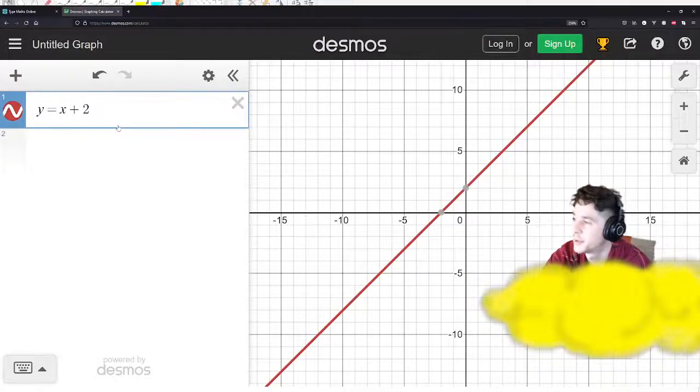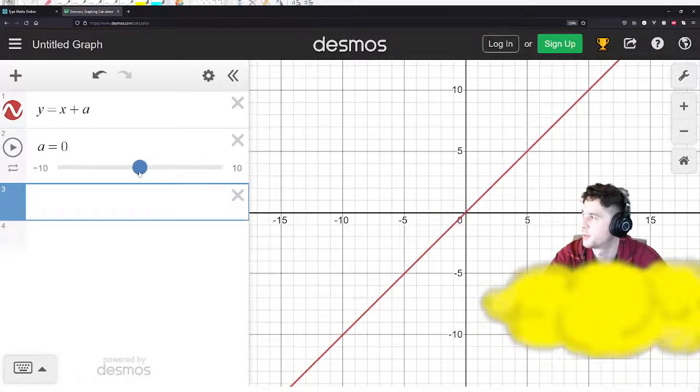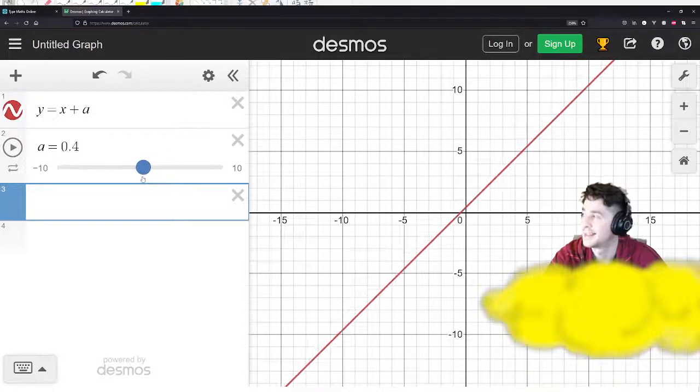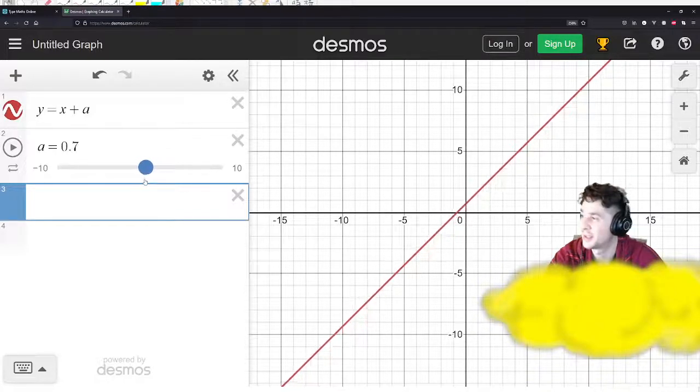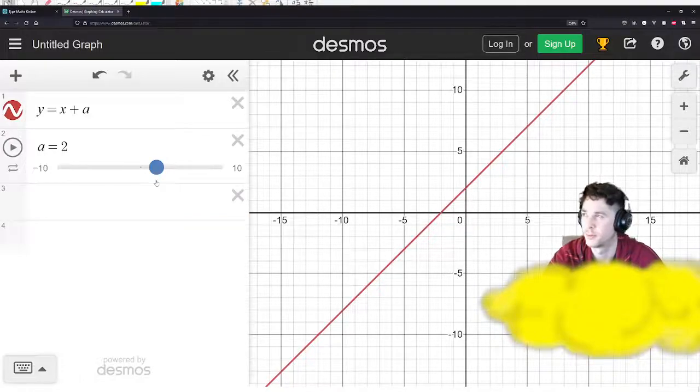You could almost imagine that it's being shifted, let me put an a there so we can drag it around, when we go from 0 to 2, that it's being shifted up instead of to the left. That's another way that you can think of this, but I think shifting it to the left is the more useful for what we're going to try and do.